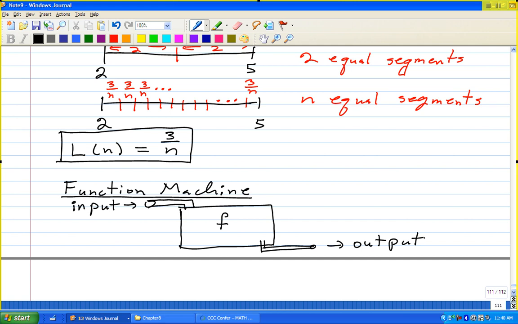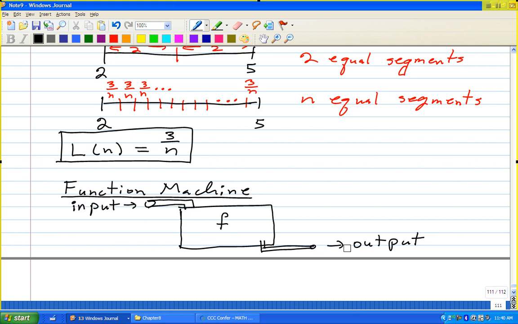We can think of this as, I don't know, a vending machine. So you put in some money, you then make some sort of selection, and then you get some output.